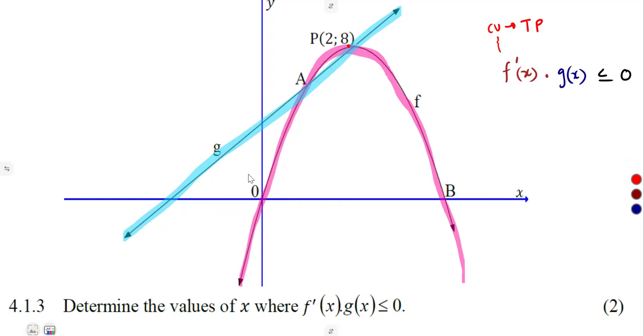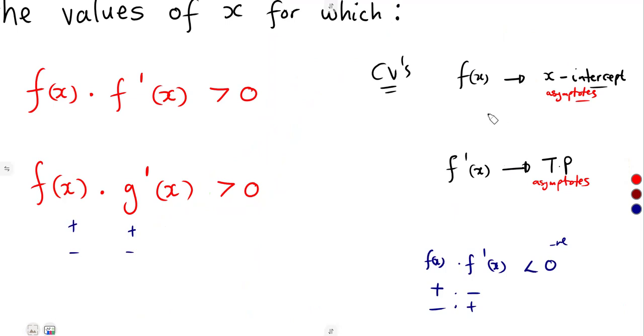You work with the x-intercept. That is the major case, where it crosses the x-axis. Remember, for f of x, whatever other function, it's x-intercepts or asymptotes if they are there. F prime, it is the turning point.